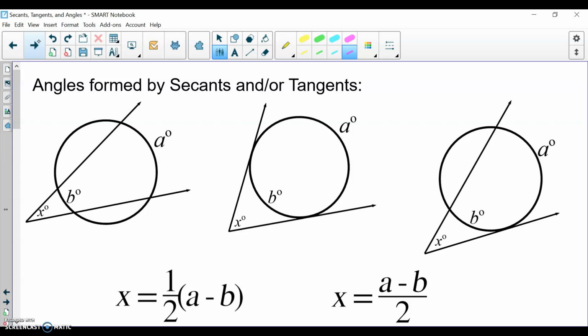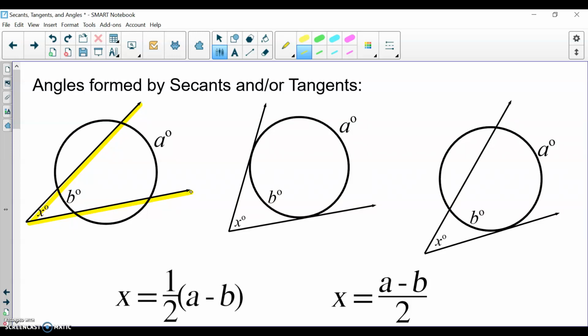And the last formulas they give you are the angles formed by secants and or tangents. So this formula is really nice because it works with any combination of secants and tangents. If you look at the first diagram, there is one secant line and then another secant line. And they are secants because each touches the circle twice.